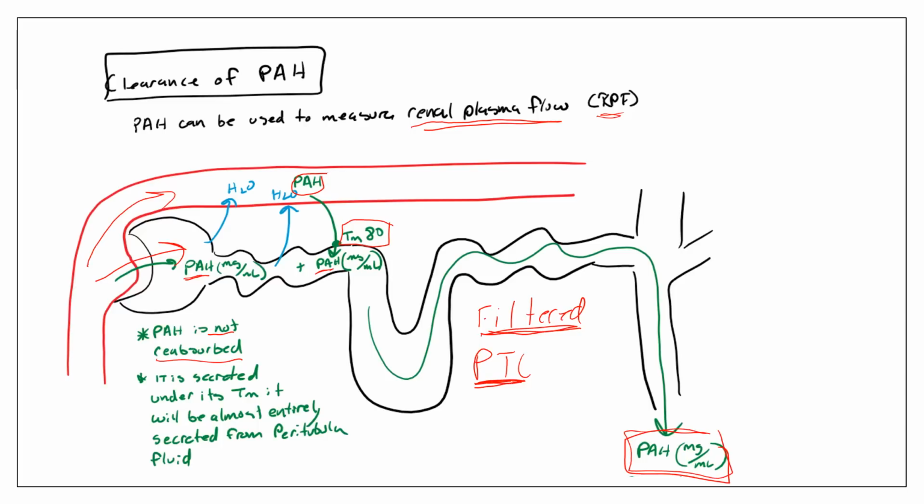So effectively what I'm doing is I'm removing it from the filtered volume and I'm removing it from the peritubular capillary volume. And both of those volumes together make up our total renal plasma flow. So I have effectively cleared this substance completely, right? I've completely cleared it from both the filtered and the peritubular capillary volumes. And so those two volumes combined make up my total renal plasma flow. So I know the clearance of PAH equals my renal plasma flow.